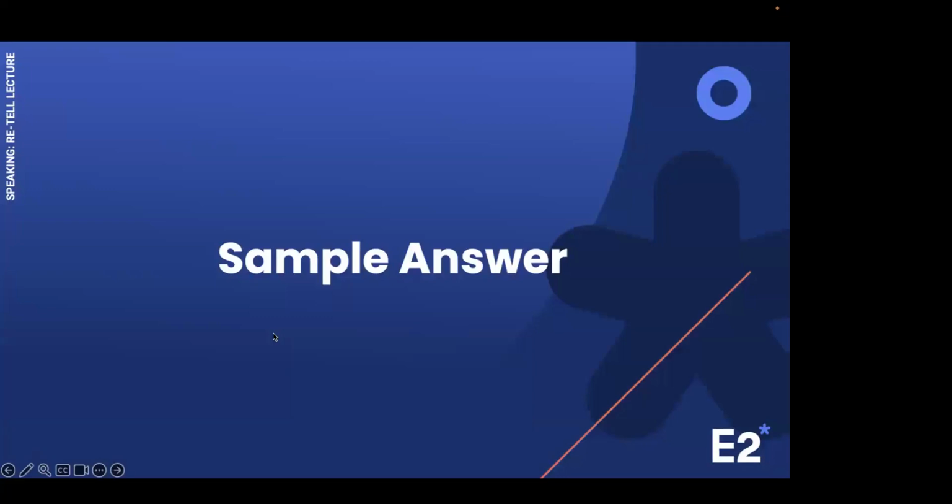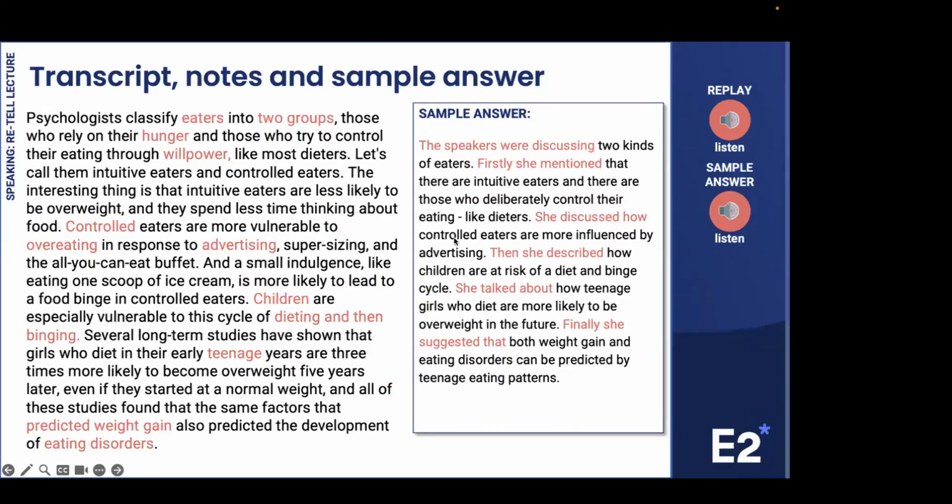Okay, all right. Here's a sample answer. Let's read through, taking notes from what was said and putting them into our framework. Here we go. The speaker was discussing 2 kinds of eaters. Firstly, she mentioned that there are intuitive eaters and there are those who deliberately control their eating, like dieters.